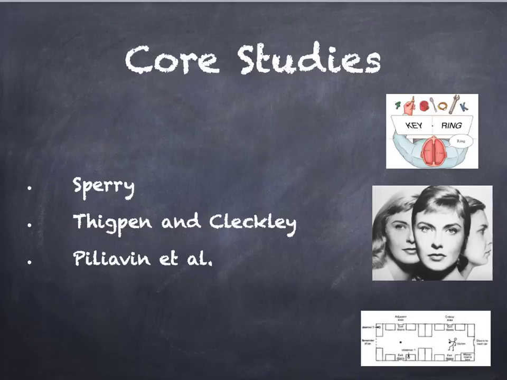And then repeat for Thigpen and Cleckley and Piliavin et al. And we've chosen these 3 studies because each of these studies does collect both types of data. So if you have that ready for class on Wednesday, that's what we'll start off with, looking at the course studies and their use of qualitative and quantitative.